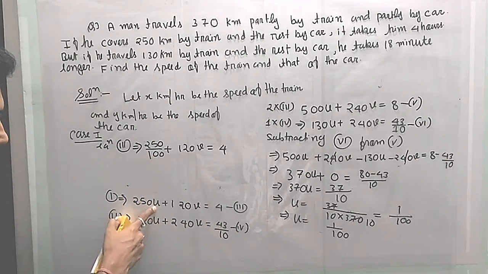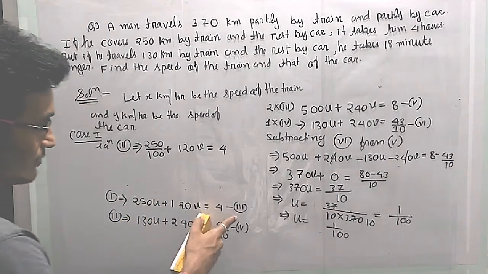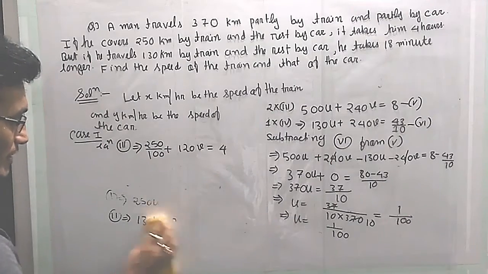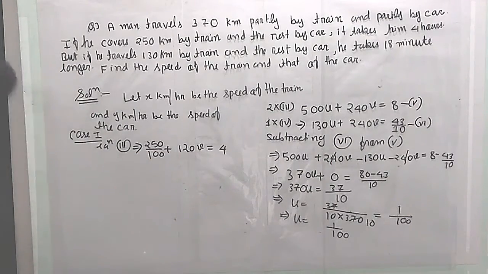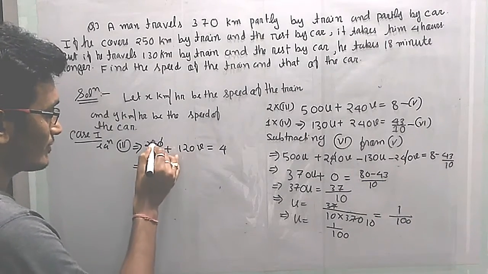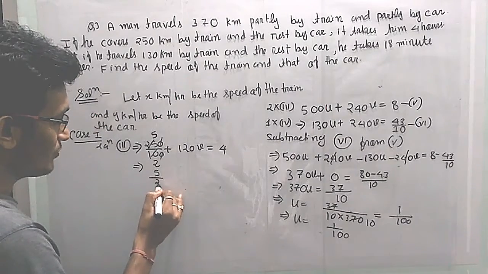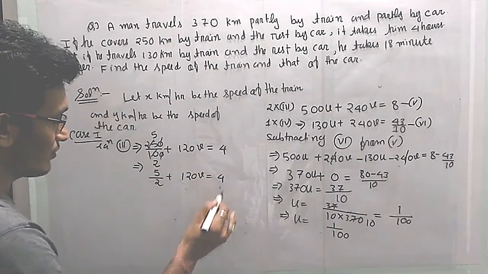So 250 into 1 by 100 is 250 by 100, plus 120v equals 4. From this equation you can easily find the value of v. Here you can cancel the 0, 5 fives are 25, 5 twos are 10. So 5 by 2 plus 120v equals 4.